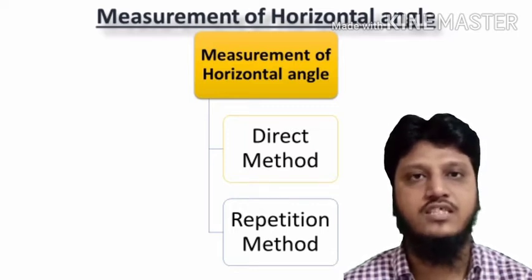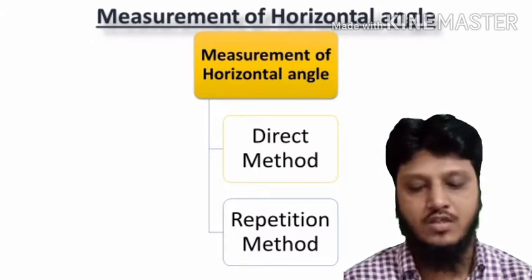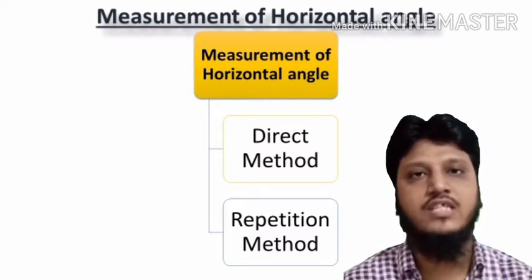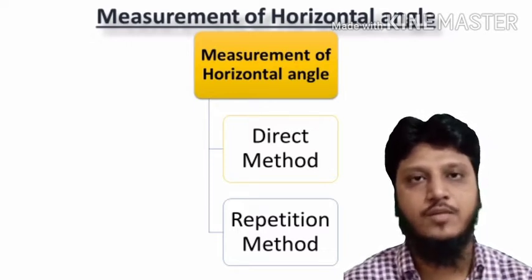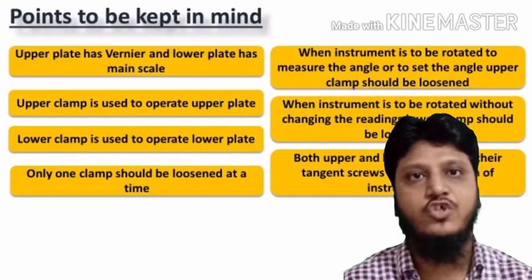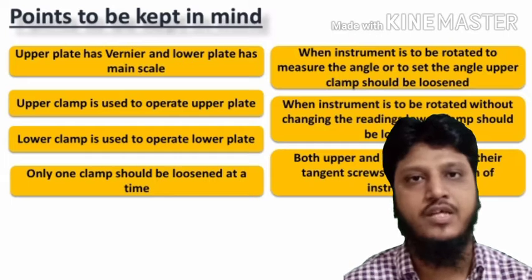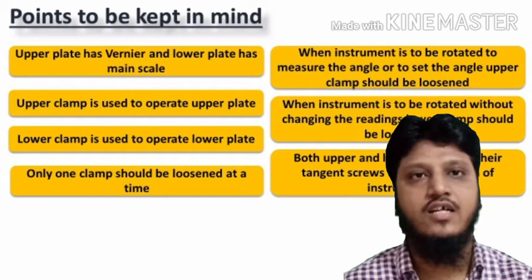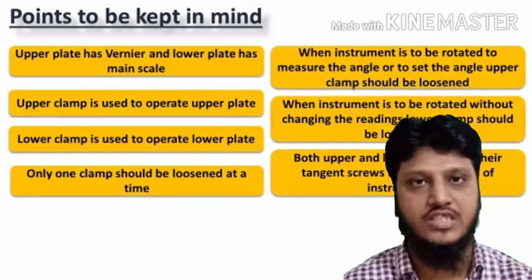Out of these we will see the direct method today. Before starting the actual measurement procedure of horizontal angle by direct method, we should keep these points, which are behind me in the PPT, in mind, so that it will be easier to understand the process.